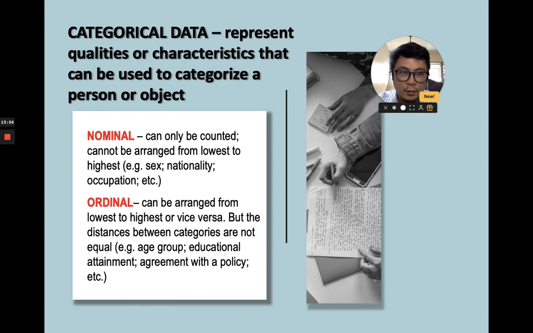Answer 1 if you strongly disagree, 2 if you disagree, 3 if you neither agree nor disagree, 4 is agree, and 5 is strongly agree. So it goes from strongly disagree to strongly agree. As you go from 1 to 5, your level of agreement increases. As you go from 5 to 1, your level of agreement decreases, or your level of disagreement increases.